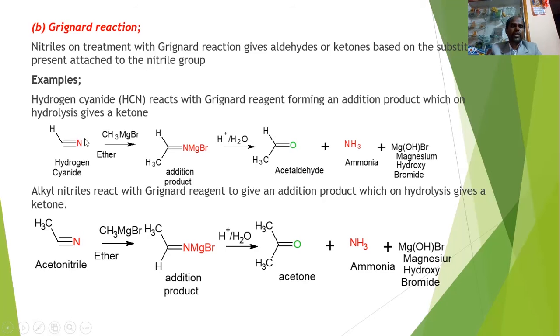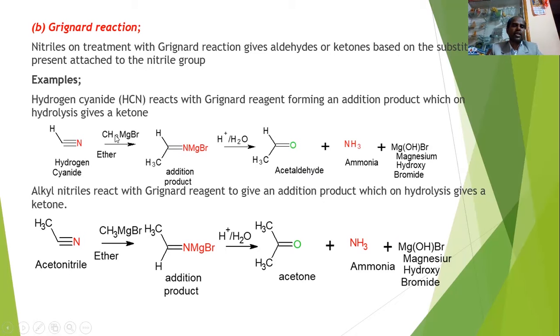So in this we are taking unsaturated compounds such as nitrile. That means nitrile on treatment with Grignard reagent gives aldehydes or ketones, based on the substituent attached to the nitrile group. So when we are taking hydrogen cyanide, what is happening? In this hydrogen cyanide, this carbon is electron deficient.